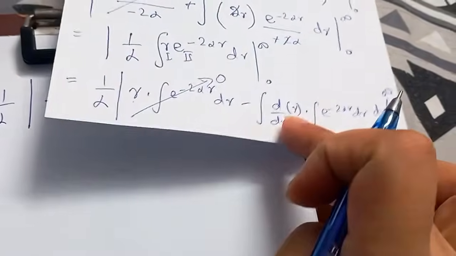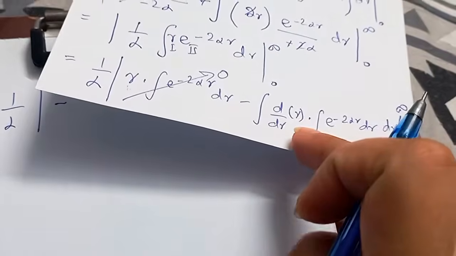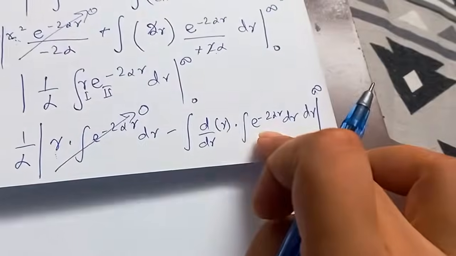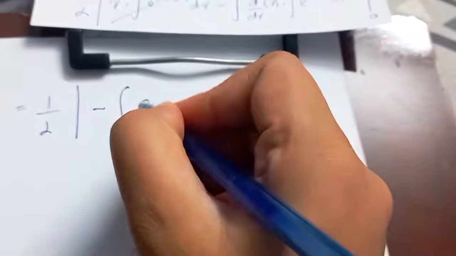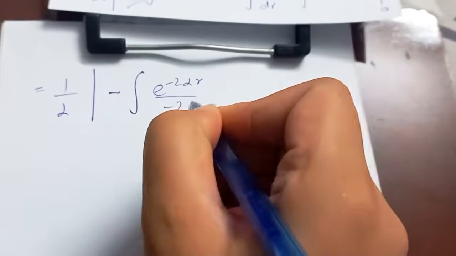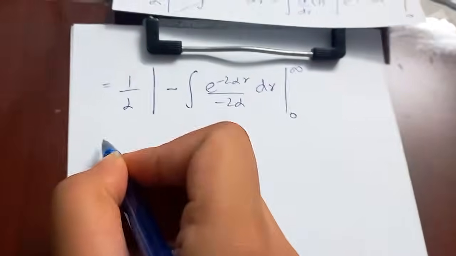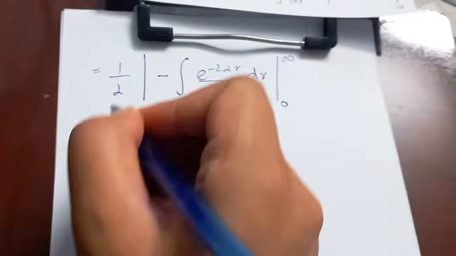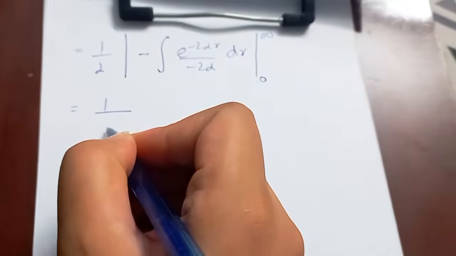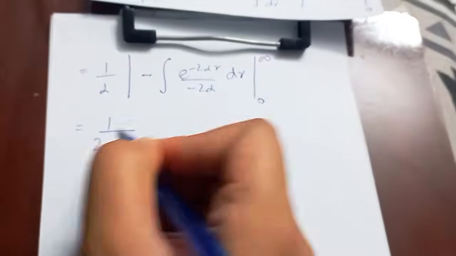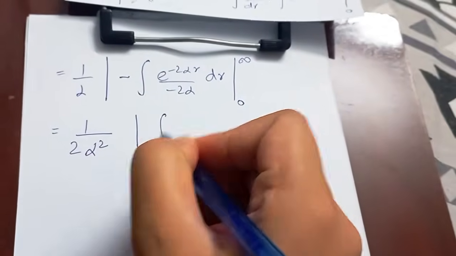Next is 1 over alpha, negative sign, this negative sign, dr by dr is 1. Okay, so integration of this term we know is this, and we have another integration because it's a part of integration by parts. So 1 over alpha will come out, 1 over alpha square, minus minus become plus, and 2 also comes out of the integral, and we are left with this thing.